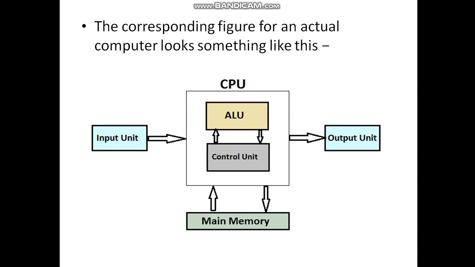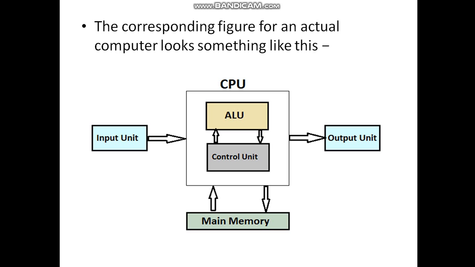The corresponding figure for an actual computer looks something like this. Here, first is the input unit. During a process, first of all we give some data in binary format using an input unit. Then here is the CPU, central processing unit, in which there are two main components.